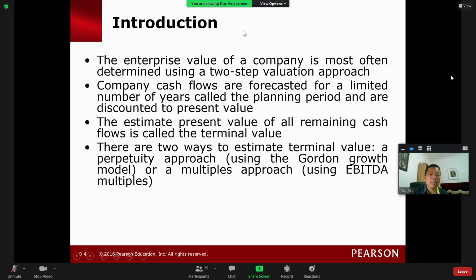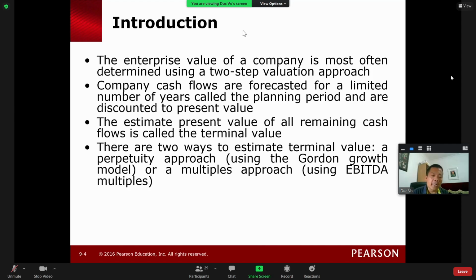In practice, when you want to do the valuation for the entire company, we need to follow two steps. Step number one, you need to work out the expected future cash flows. And step number two, you work out the discount rate.